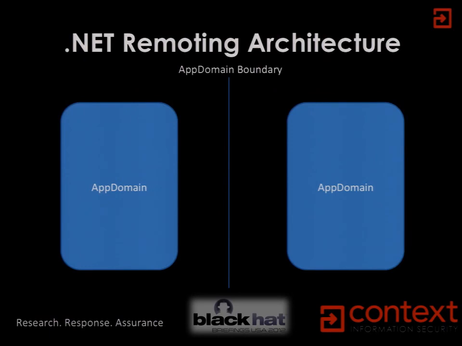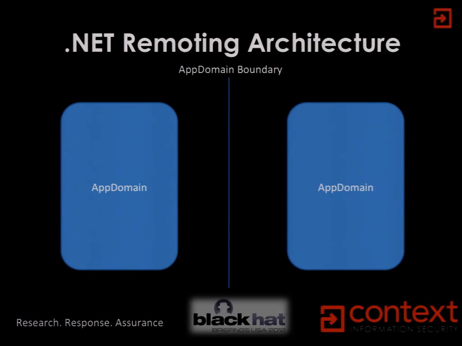So let's go a bit into how .NET remoting actually works. Because the first thing I'm going to look at is actually attacking remoting services. So remoting services has the concept of these application domains. These are built into .NET, they're fundamental .NET objects, part of the framework itself, and act as isolation mechanisms for objects. You cannot directly pass an object from one app domain to another without any other sort of mechanism in order to achieve that feat.